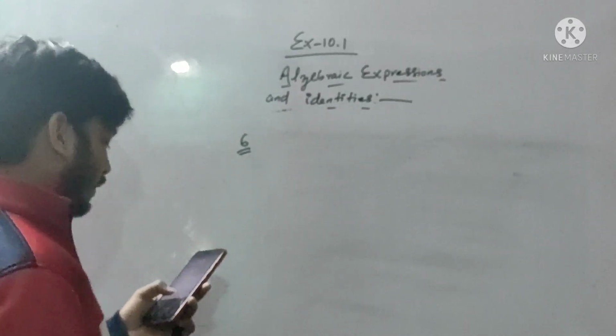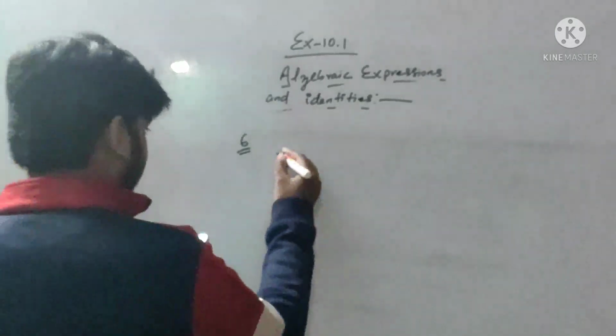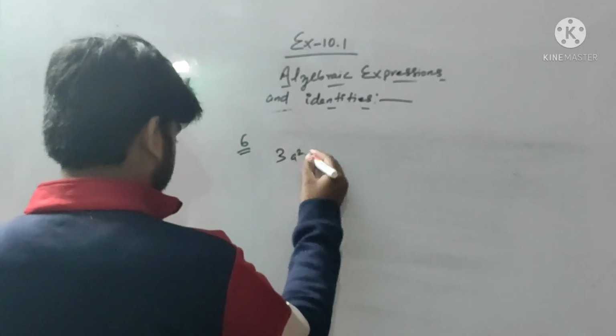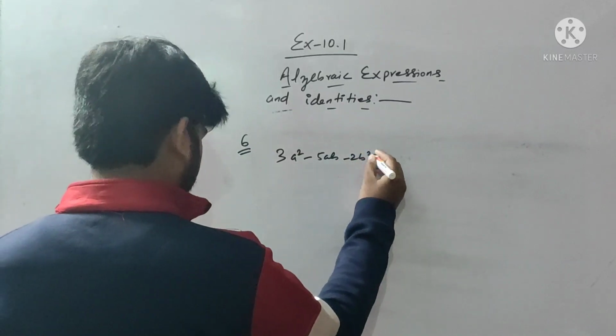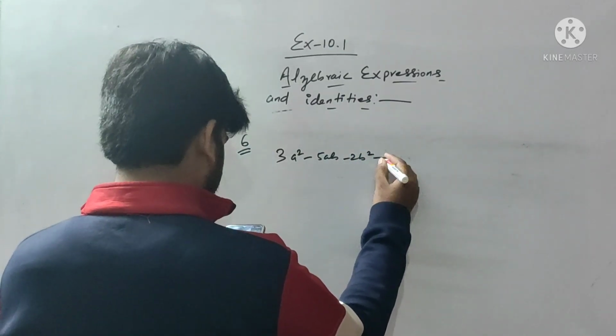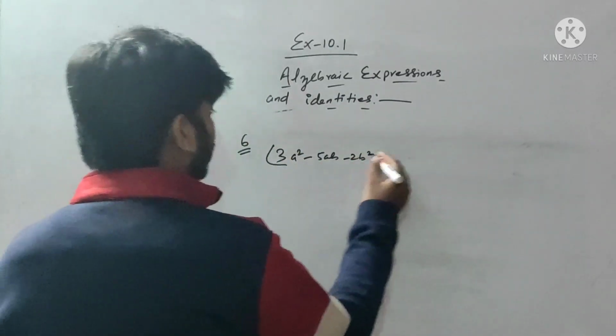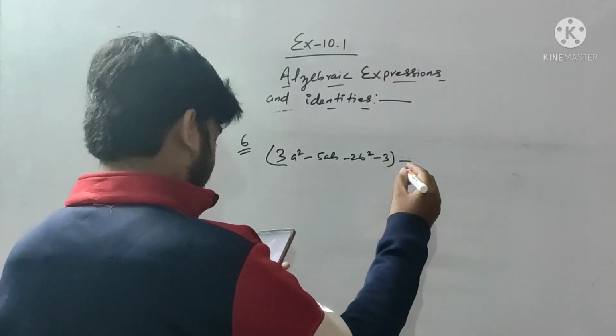Okay, so right here, 3a square minus 5ab minus 2b square minus 3. So what we need to subtract to get this?